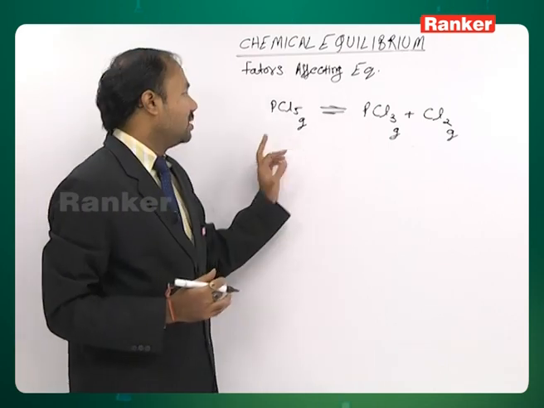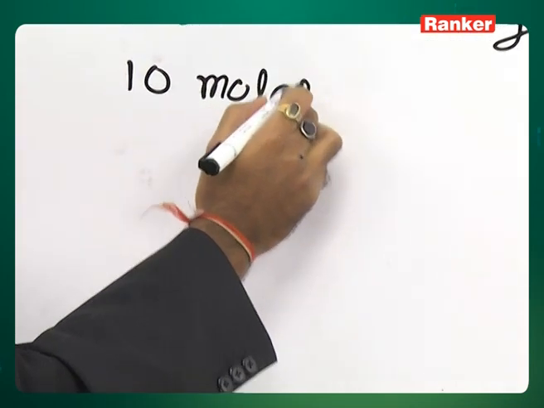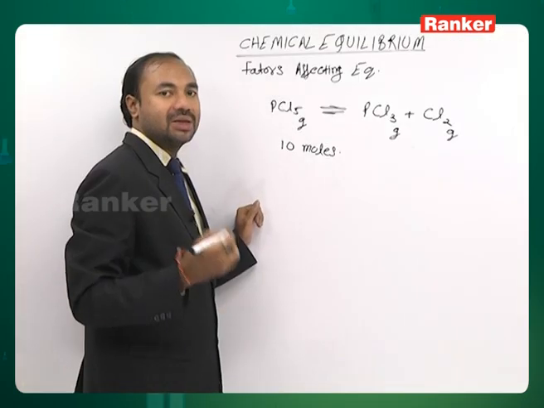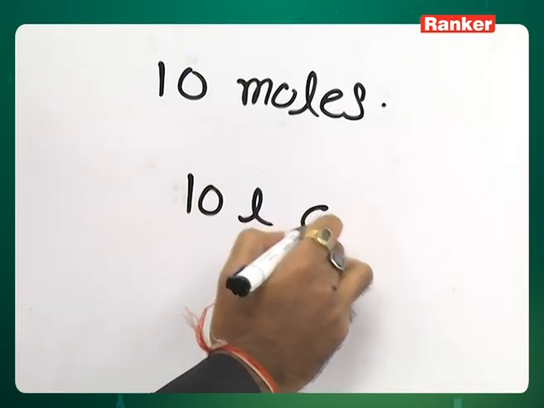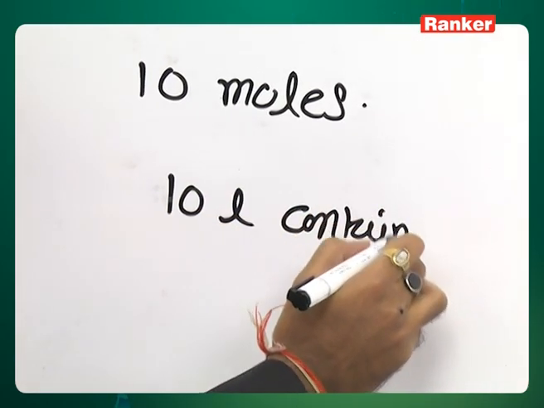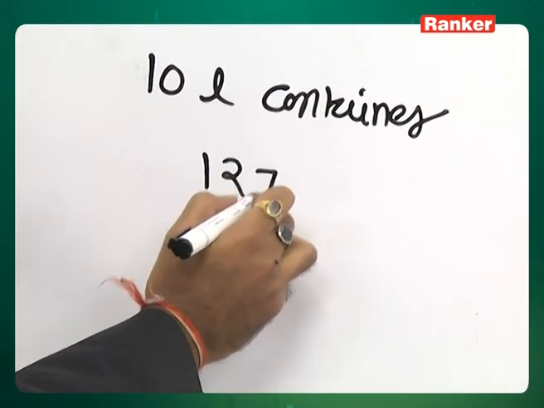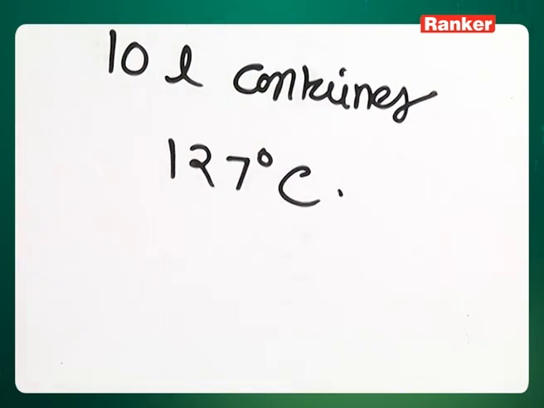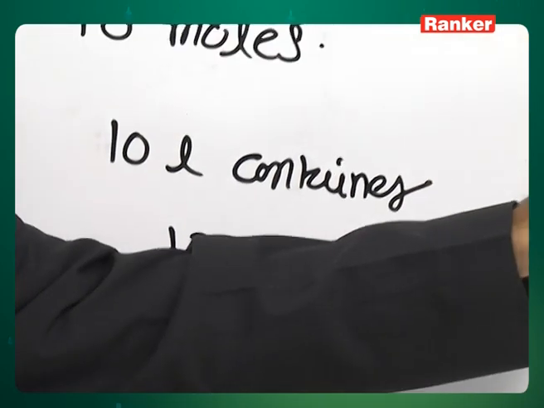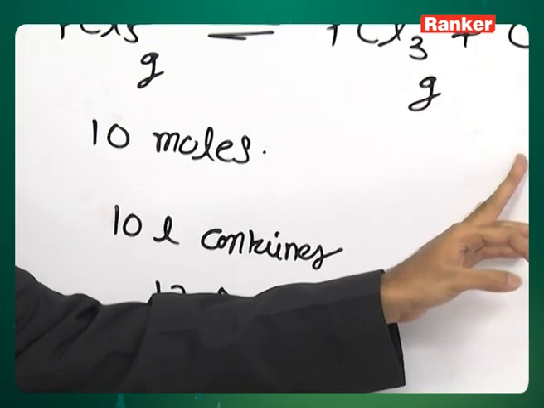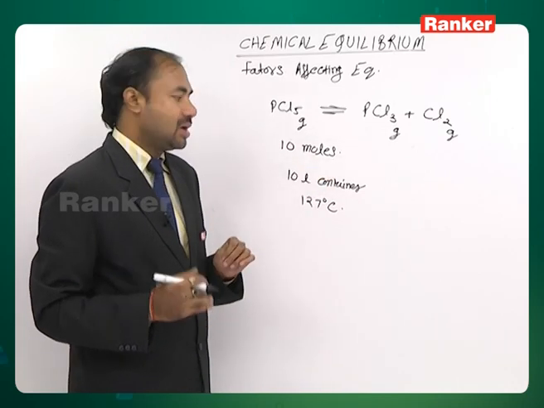They will ask you that 10 moles of PCl5 are taken in a 10 liter container at 27 degrees Celsius or 127 degrees Celsius, you can assume it to be. Calculate how many moles of PCl3 and Cl2 we will have at equilibrium. He gives you the equilibrium constant value also. How is it done?